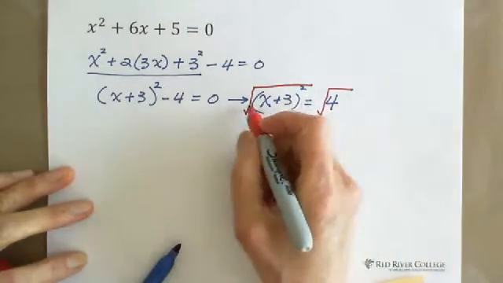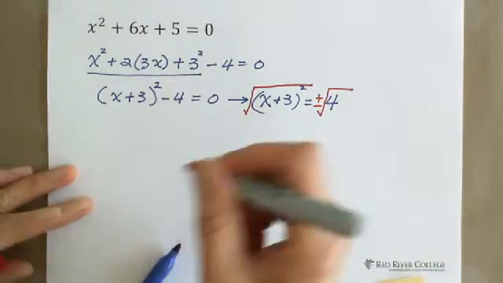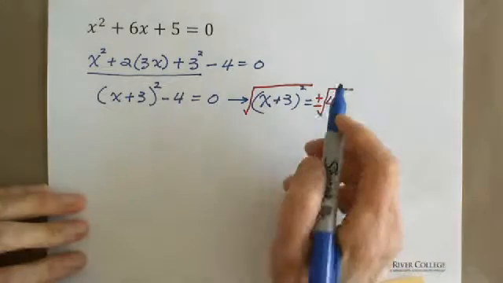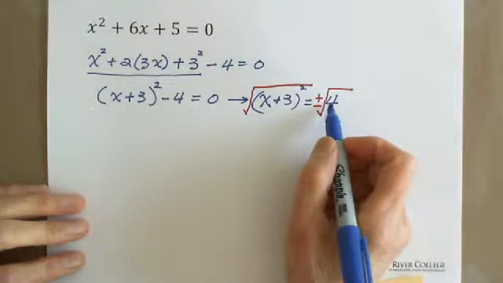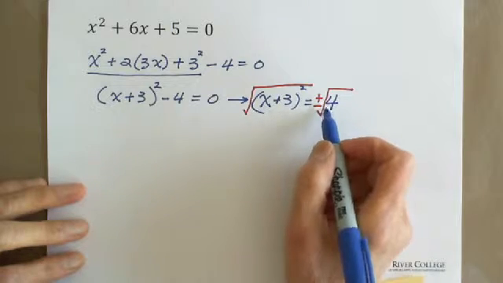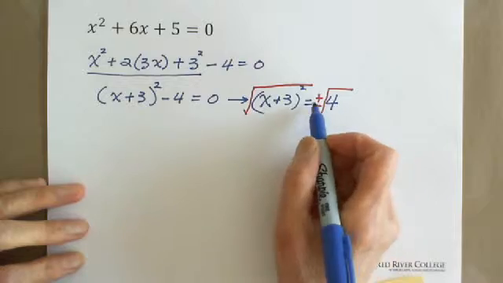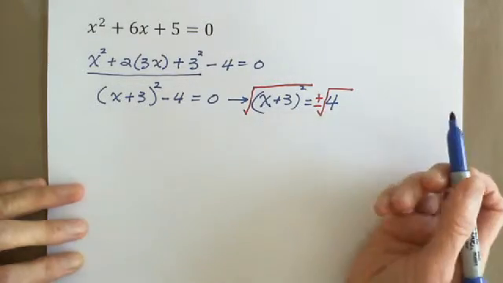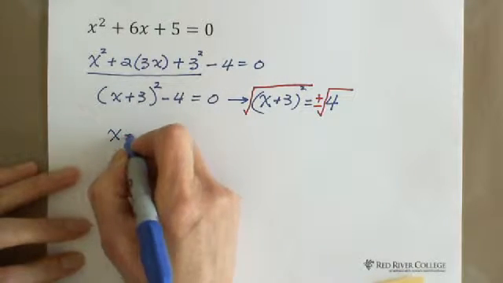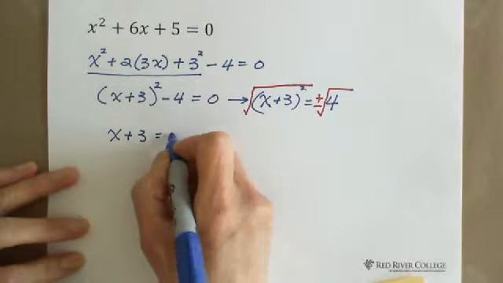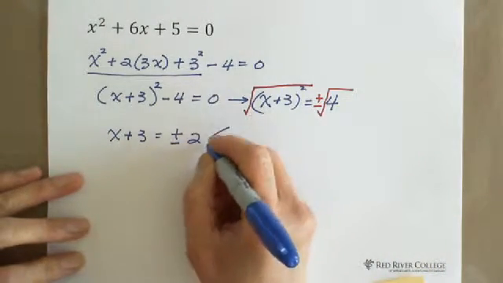But remember, when you take the square root of both sides, you need to put plus and minus. The reason is that positive 2 squared gives 4, and negative 2 squared still gives 4. So we have x plus 3 equals positive or negative 2, and we have two solutions.